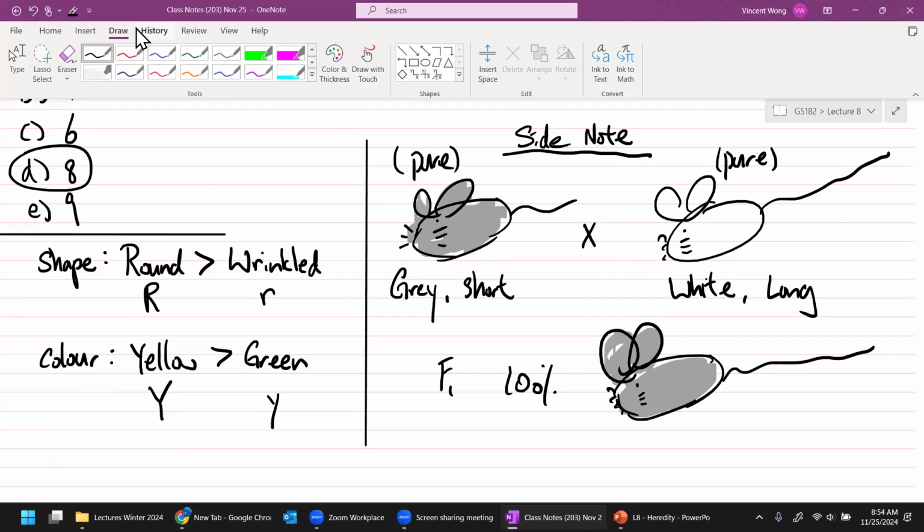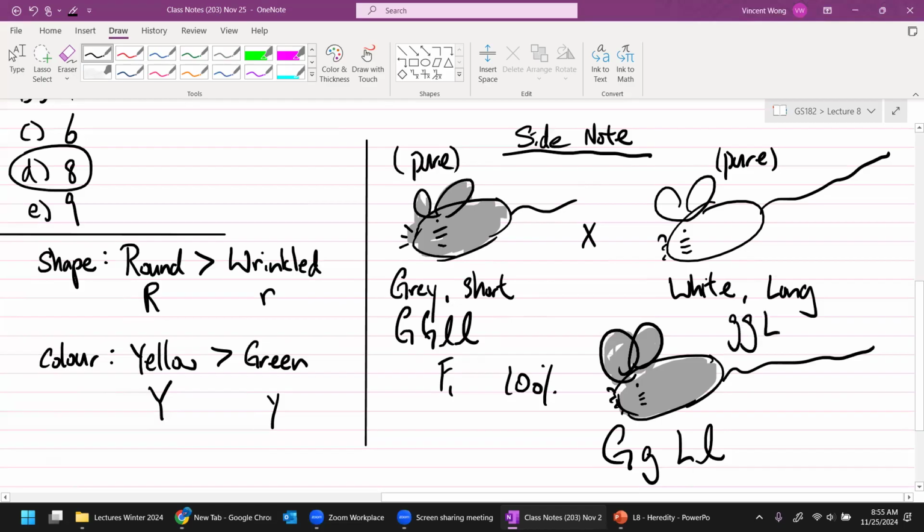So here, gray is dominant over white. So big G, small g, and then big L, small l. Of course, the parent would be big G, big G, small l, small l, and this would be small g, small g, big L, big L. Now, when you write down your notes, make sure you make a little legend noting that this information was not given at the beginning, that you figured it out.